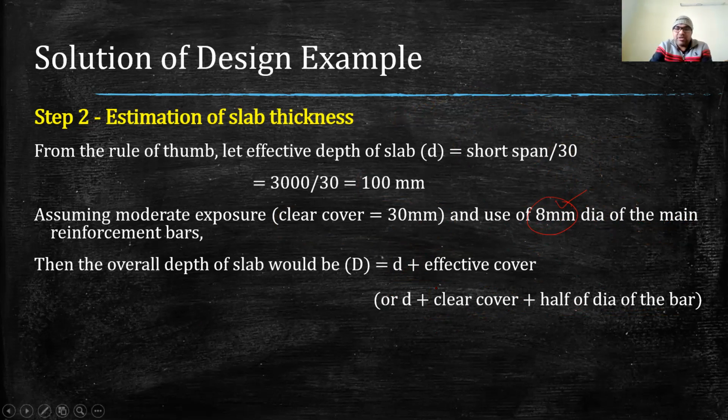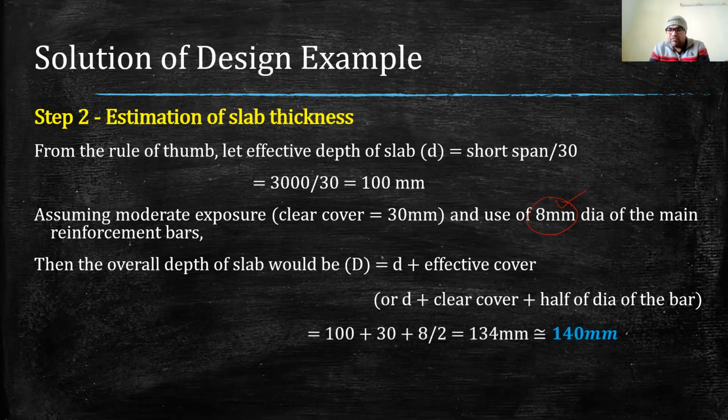Putting the value here, we have the overall depth as 134. Generally, we take the overall depth of the slab as a multiple of 10, so we can round off either on the lower side or the higher side. To be on the safer side, we are rounding off this 134 value on the higher side.